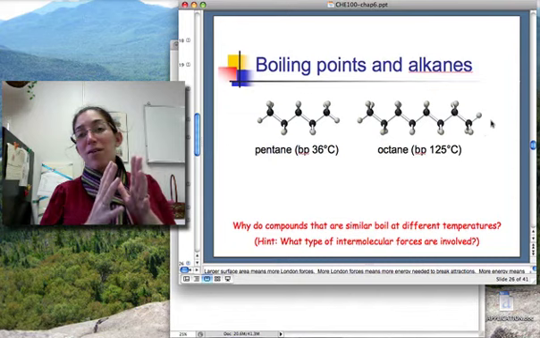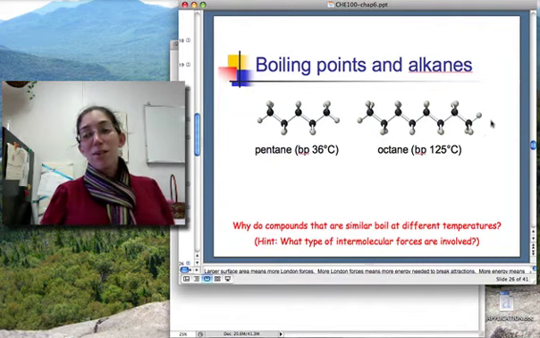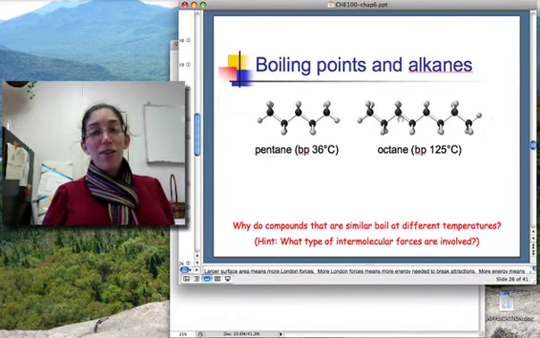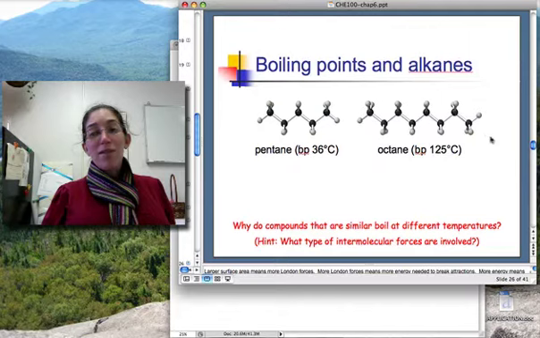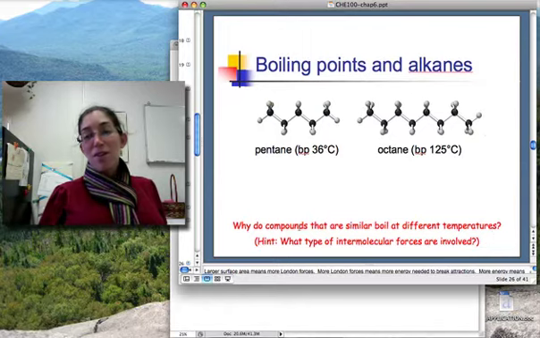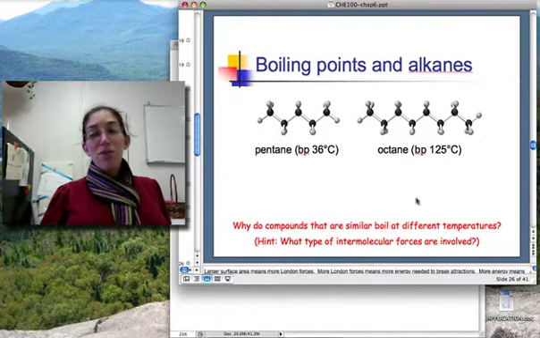So the bigger the molecule is, the stronger the London forces. So this one has stronger London forces. Therefore, it's going to have a higher boiling point because there's more London forces to disrupt in order to get the molecule into the gas phase. So that's why compounds that are similar can boil at different temperatures, because the forces between them can be very different.